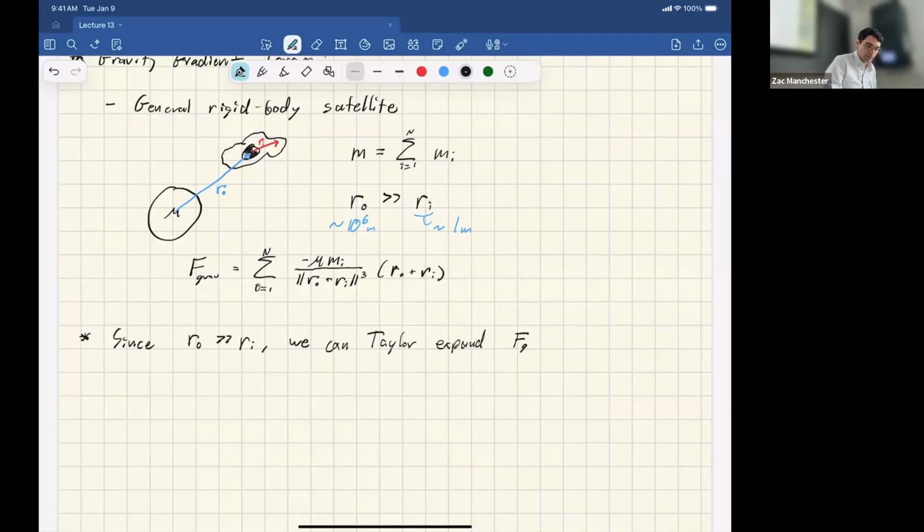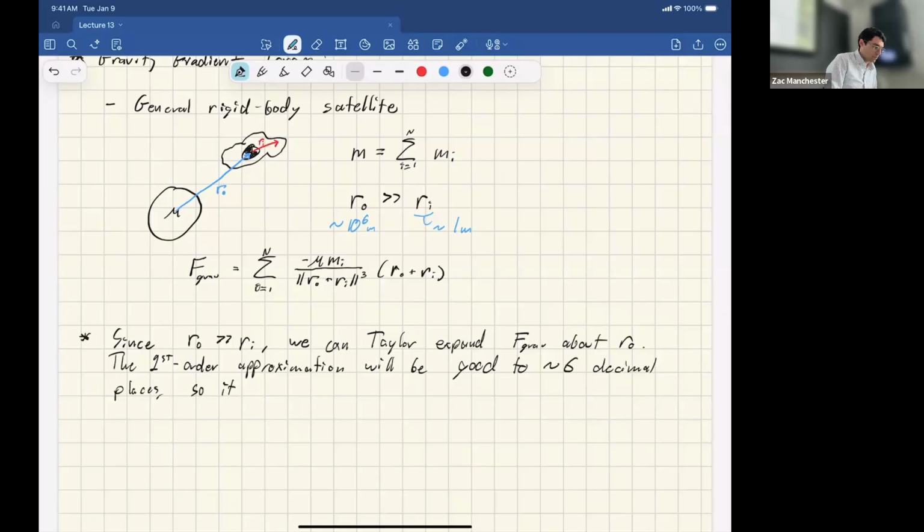So: Taylor expand about R naught; the first-order approximation will be good to about 6 significant digits, so it's essentially exact for us.